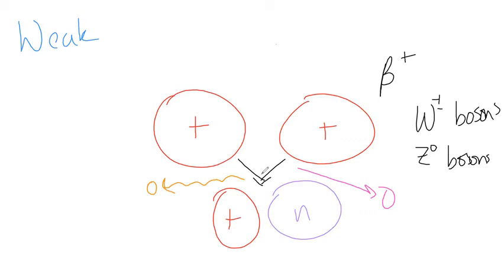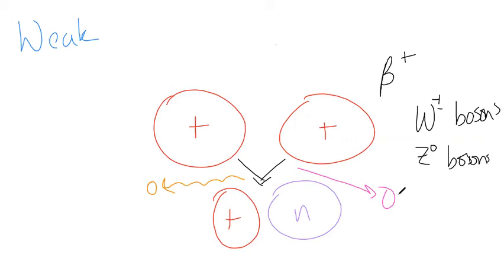The byproducts here are a neutrino, this orange portion right here, and the positron. A positron is just a positively charged electron. It's an example of antimatter, antimatter being any kind of matter-based particle having the exact opposite charge.